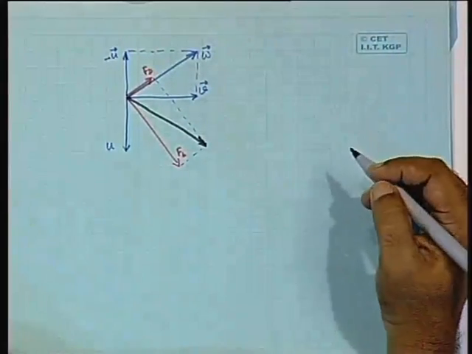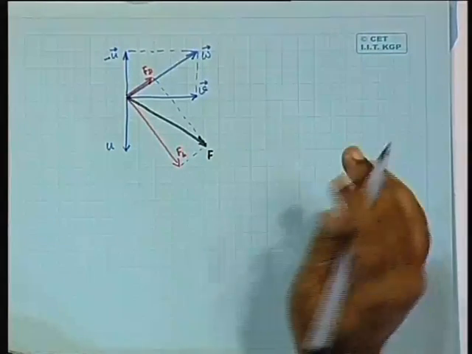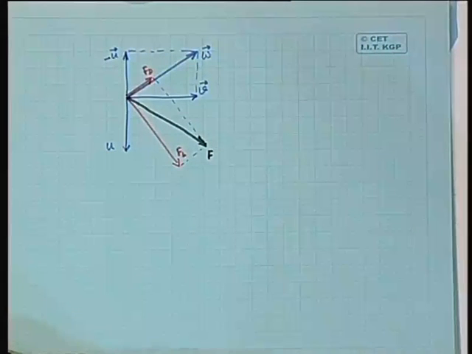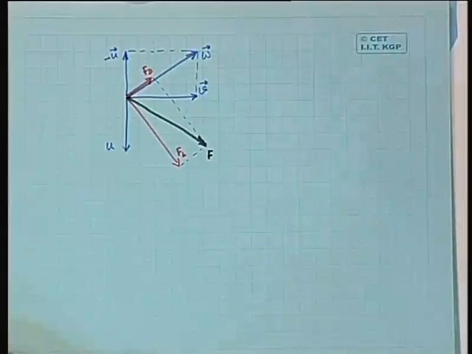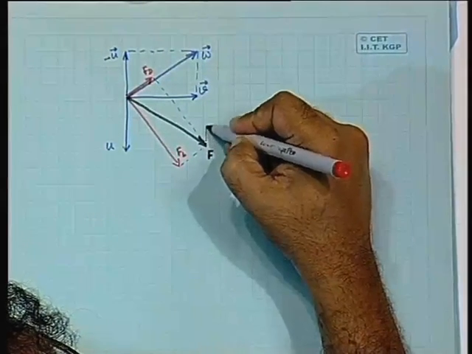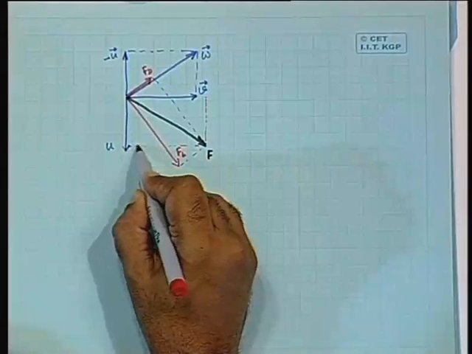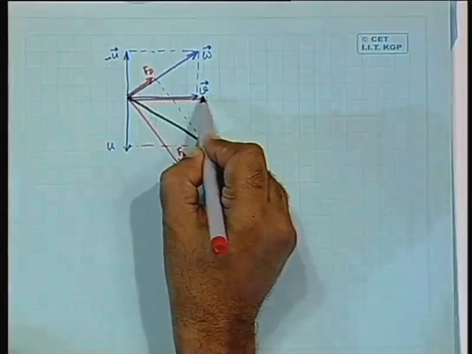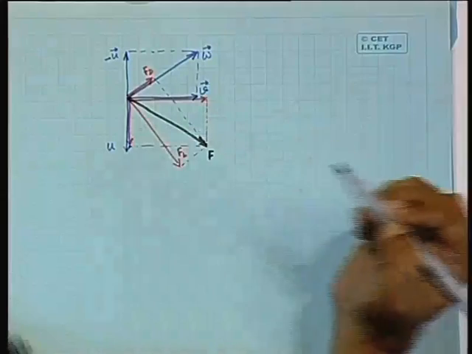This will be the total force. Let us call it F, the total force. Now this will have a component in this direction and this direction. So there will be a component like this and there will be a component like this.